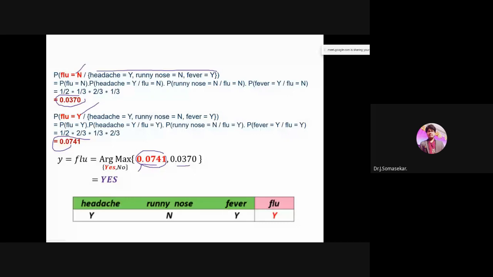Yes. Argmax is nothing but yes. So finally the classification is yes. So finally we classified the given data as flu. That means the person has flu. That is the meaning.